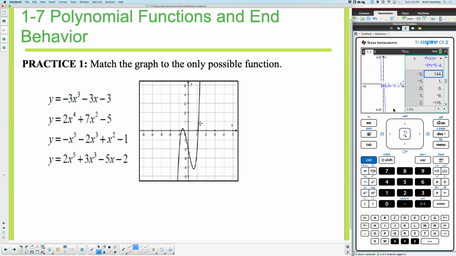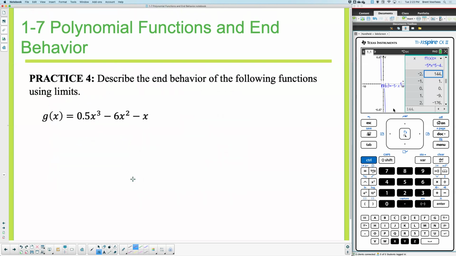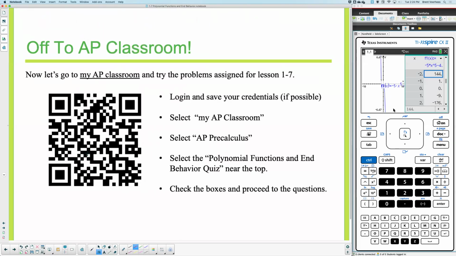Now, is it a positive S curve or negative S curve? So you're looking for a leading term that's a positive odd power. You would only have one option where the leading term is a positive odd power. Make sense? There's 6 different of these you could take a look at. But what I'd rather you do is sign in and take a look at your College Board questions first.